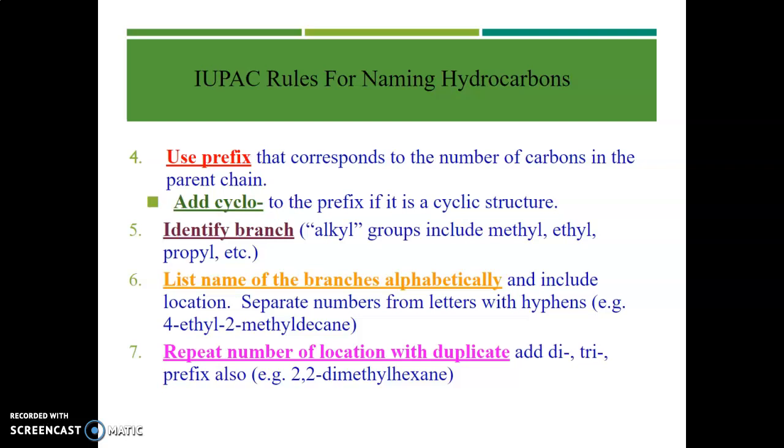That's telling me that there are two of them, methyl. Now, if you have 2,2-methylhexane, it's technically wrong. Because if you're telling me that you have a methyl on the second carbon, you have two methyls because you're saying 2,2. There's either no need to put the second 2 or you must include the di. So make certain that you tell me how many if you have multiple. You kind of group them together.